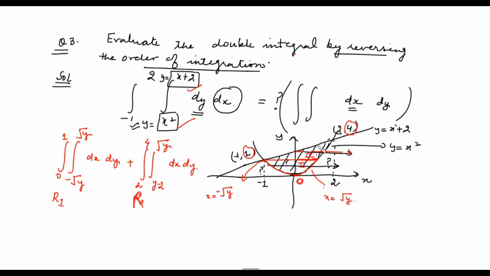Here your complete region R splits into region 1 and region 2. In region 1, the limits for x are minus square root of y to plus square root of y. In region 2, the limits for x are from the line y minus 2 to square root of y.